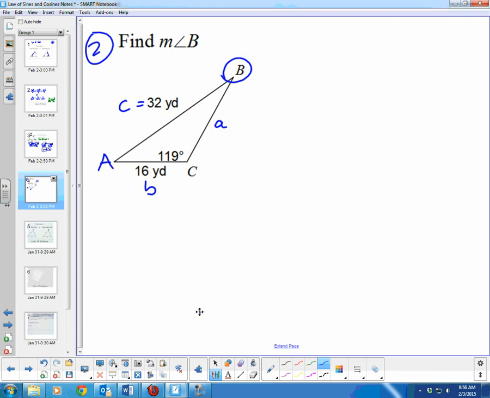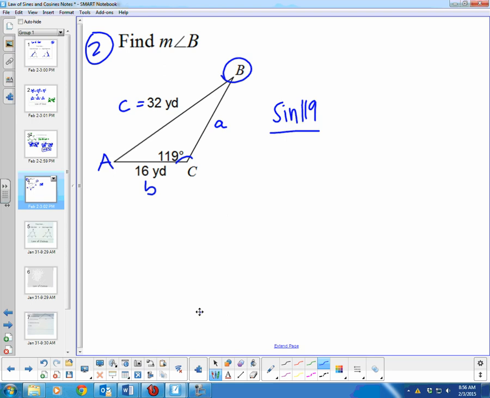C, right? Because everyone needs to listen. If you know angle C and you know side C, you always start there. So you start with a pair that you know. Then I always do the angles on the top, but it doesn't matter. You could go side over the sine of the angle, but sine of angle C is 119 over side length C. What is the side length C? 32.